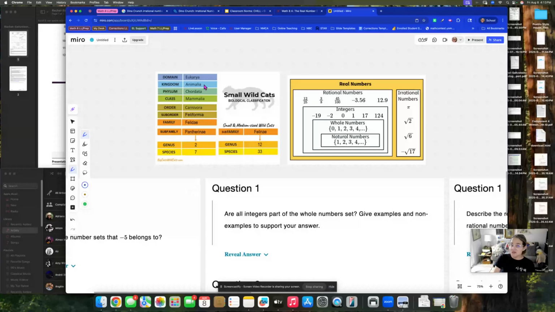You could call the cat an animal, or you could be a little more specific and call it a mammal, meaning it's warm blooded. You might call it a carnivore, meaning that it eats meat. And if you were the most specific you could possibly be, you'd say, that's a cat, that's a feline.